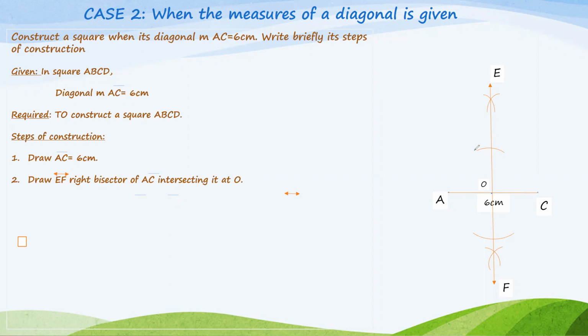We have to draw two arcs, one above and one below the line segment AC. These two arcs must intersect the straight line EF at point B and at point D.